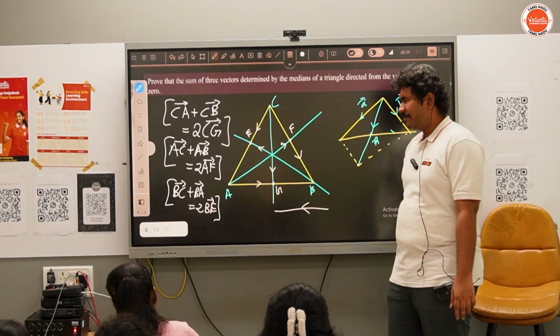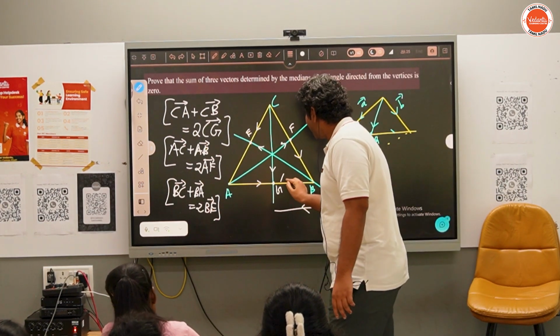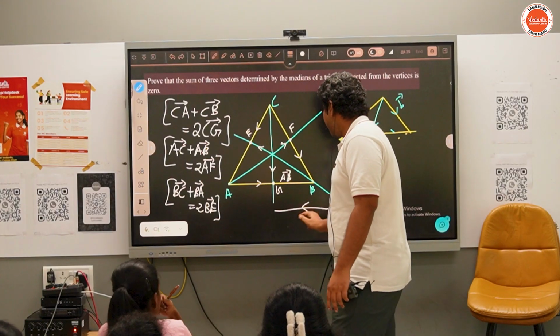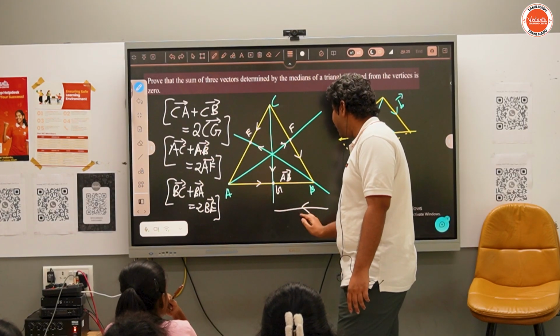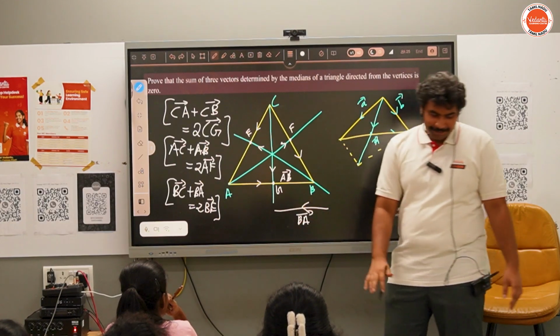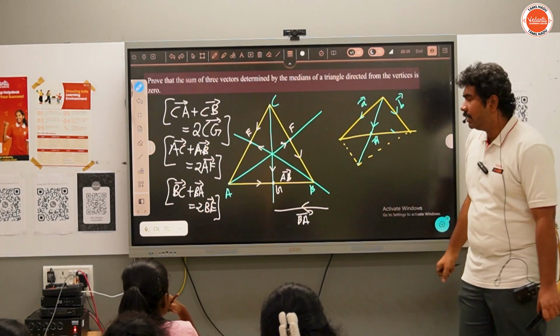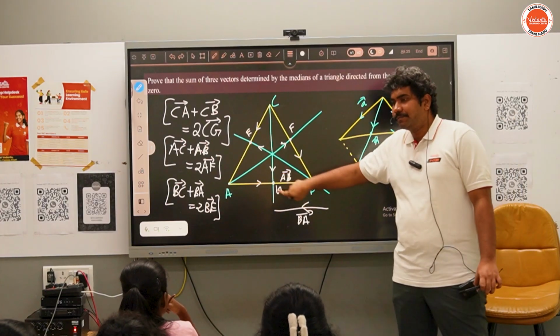So this is AB vector, and if you direct like this, it's BA vector. So basically the final and the initial point. நீங்க எப்படி வேணாலும் இத டைரக்ட் பண்ணிக்கலாம்.